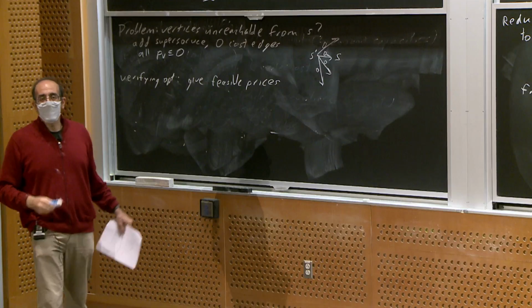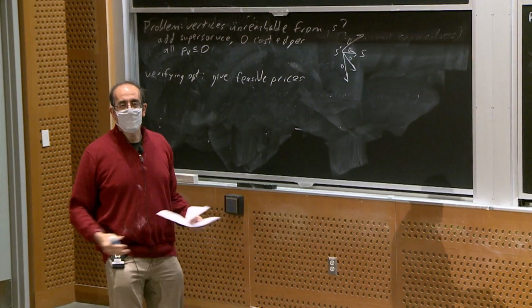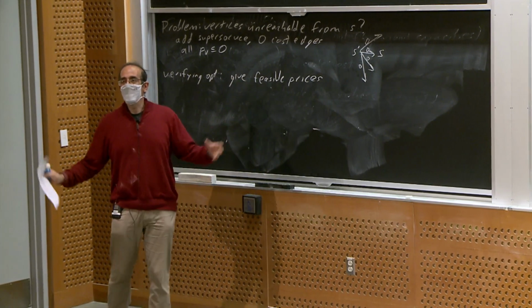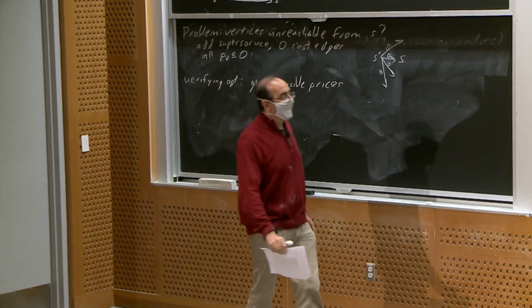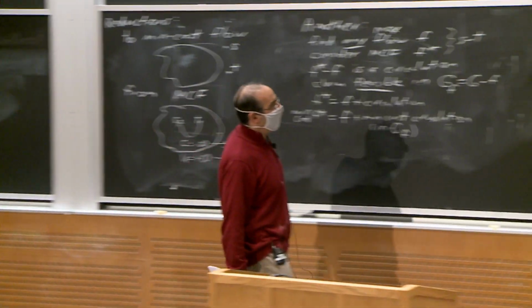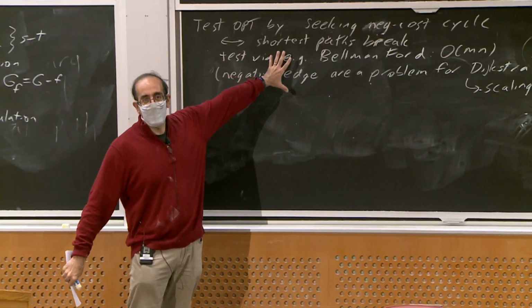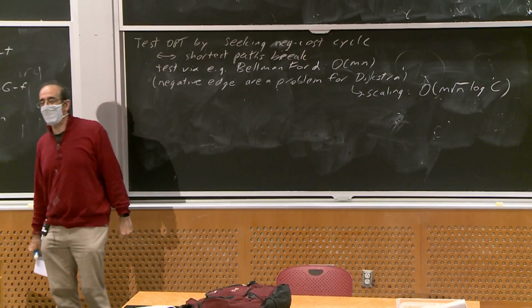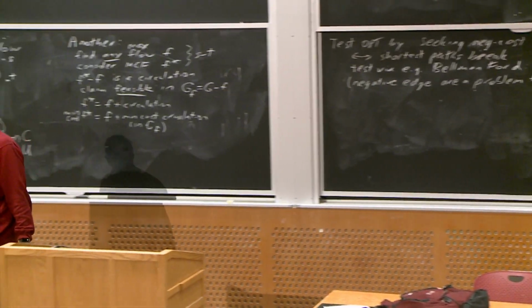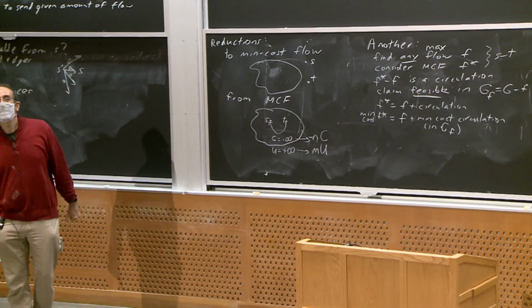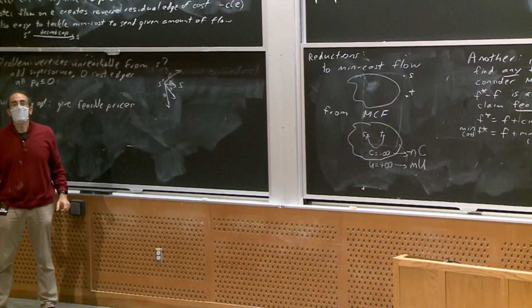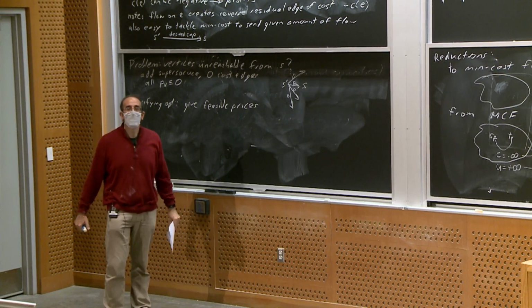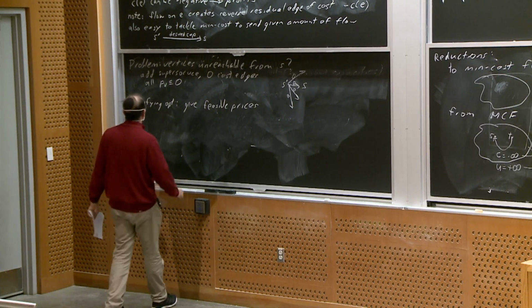If the person who is claiming that this is a min-cost flow also gives me a feasible price function, how hard is it for me to test their assertion? Remember, before we were talking about looking for a negative cost cycle using Bellman-Ford and taking order mn time. Now, if somebody gives me the price function, how quickly can I verify optimality? O of m. How? Just check each edge. Exactly.